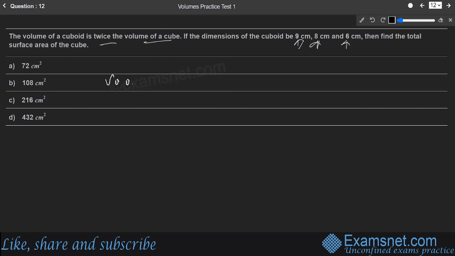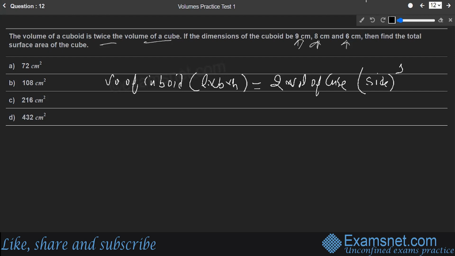He says the volume of the cuboid, which is nothing but L into B into H, is equal to twice the volume of a cube, and the volume of the cube is always given by side cube. This is the connection. And he has given all the dimensions of the cuboid.